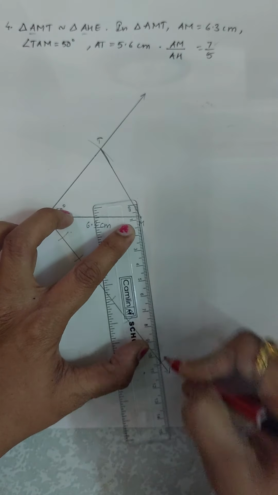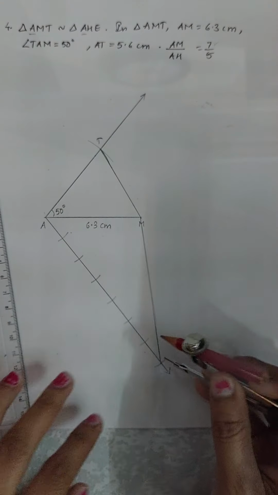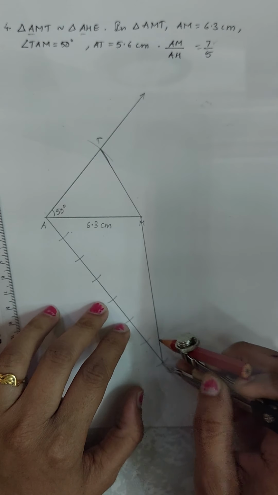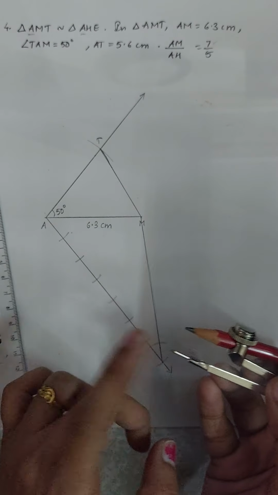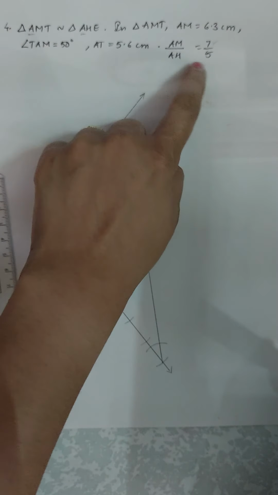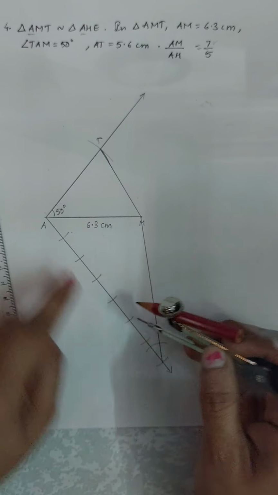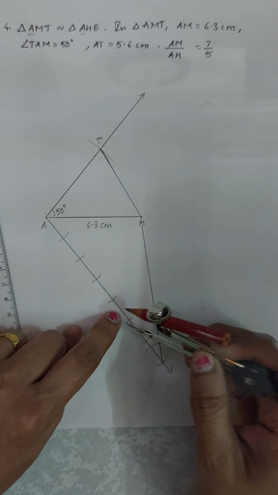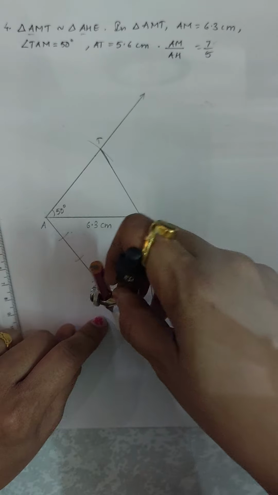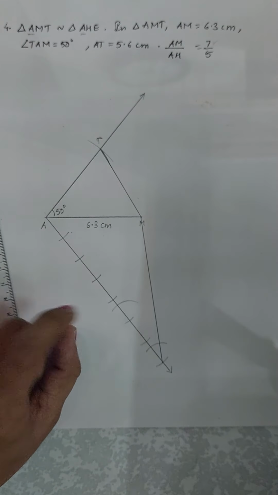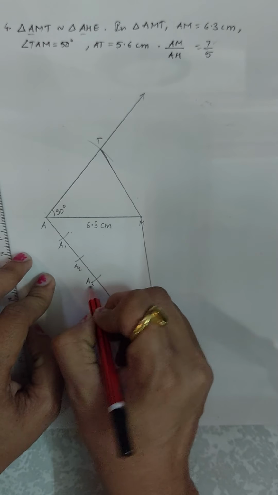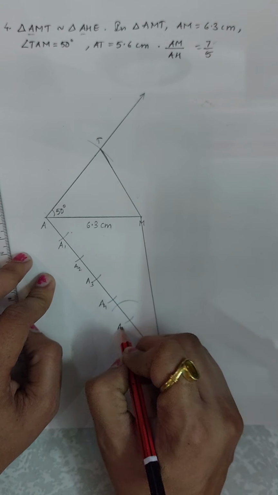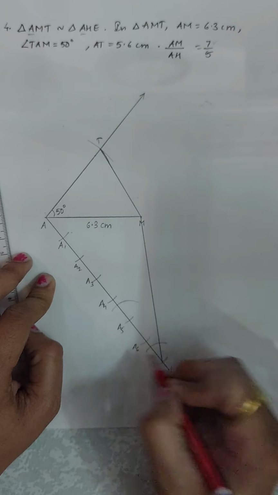After this we are going to draw a line parallel to this. Now here I'll draw an arc like this. Where will I place this? Now AH is 5, right? So I'm going to place this on the 5th arc, A1, A2, A3, A4, A5. I'm going to place this here and draw an arc like this. You have to name these as A1, A2, A3, A4, A5, A6 and A7.